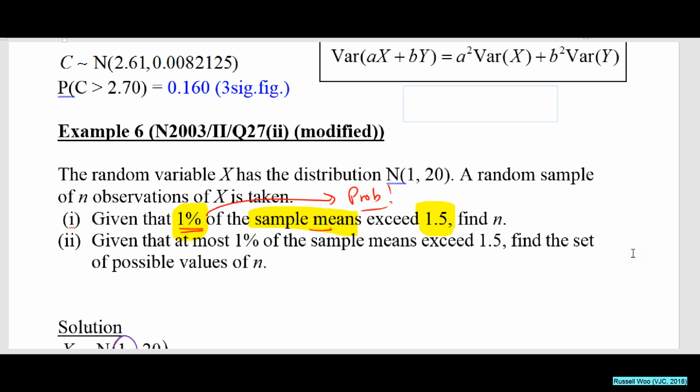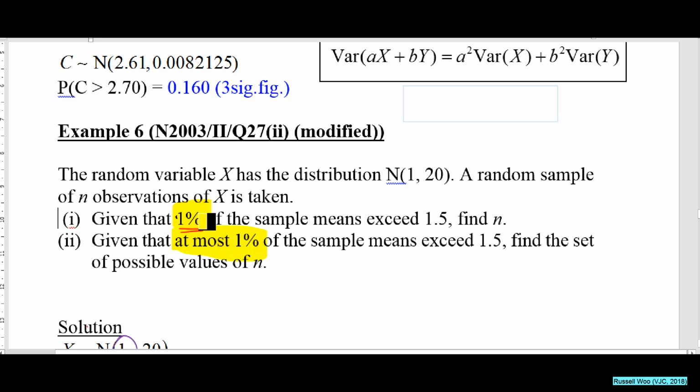Part 2 says, given that at most 1%. Part 1 says 1%. Part 2 says at most 1%.